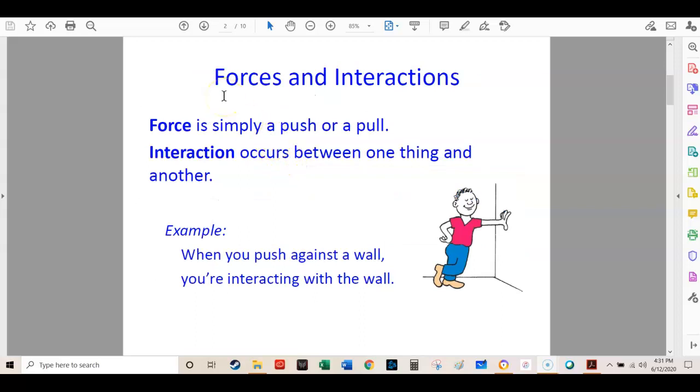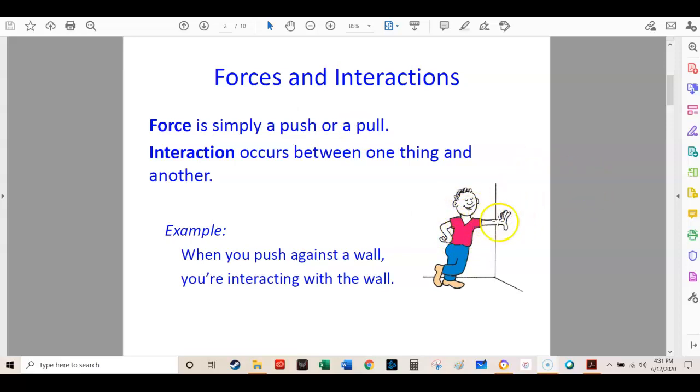So when I talk about force diagrams, what we're going to be doing is creating a diagram on the interaction of forces, okay? And again, a force, we've defined it before, is just simply a push or a pull. The interactions of those are when you have two objects, in this case a boy and a wall.